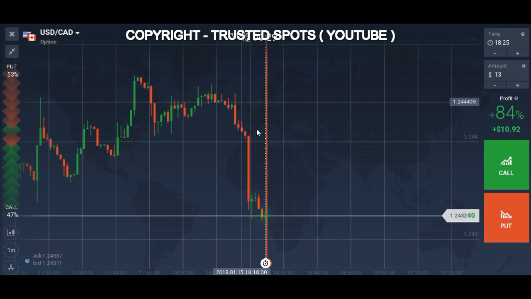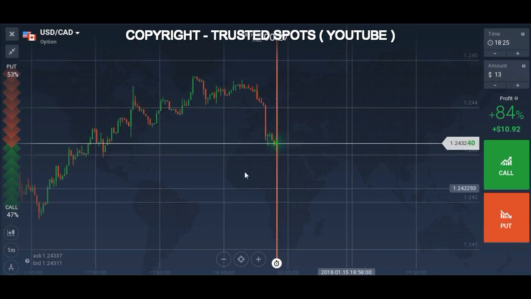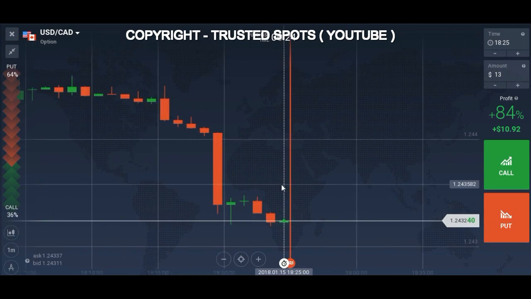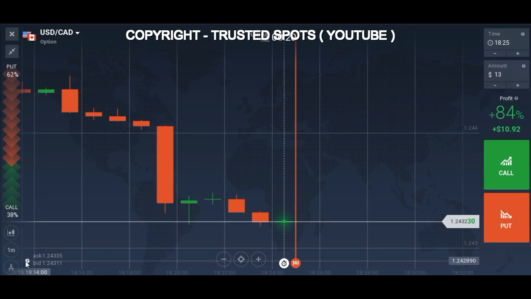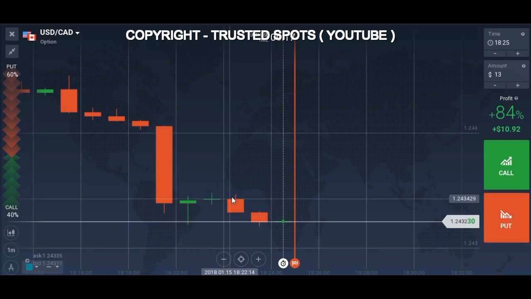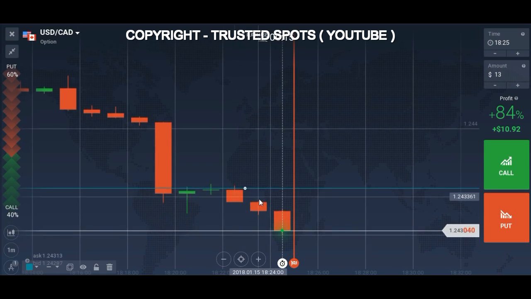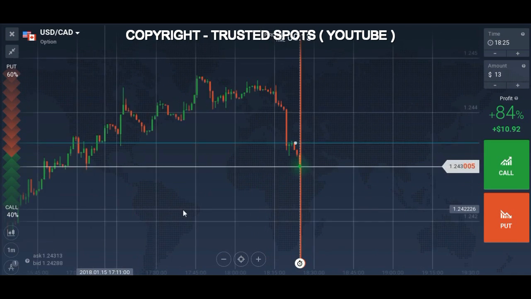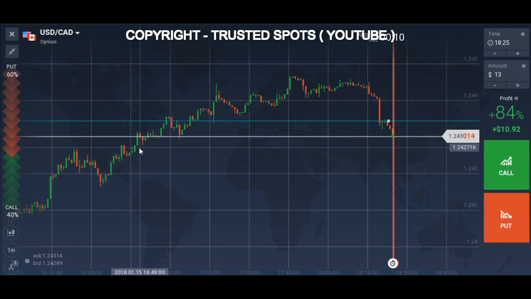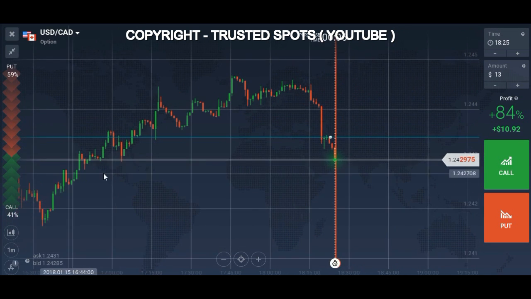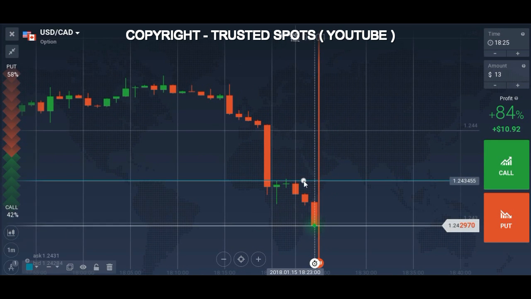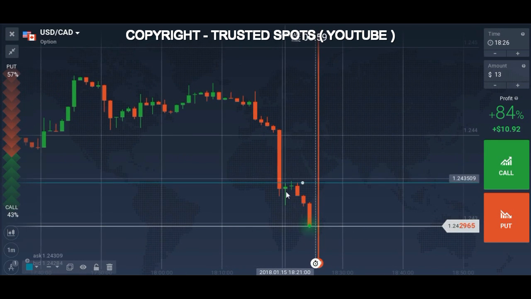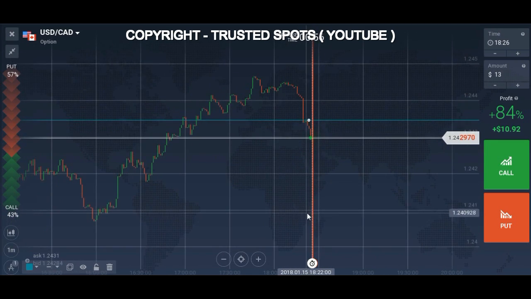It's a ranging market, and we have an intermediate level here, which is our resistance.